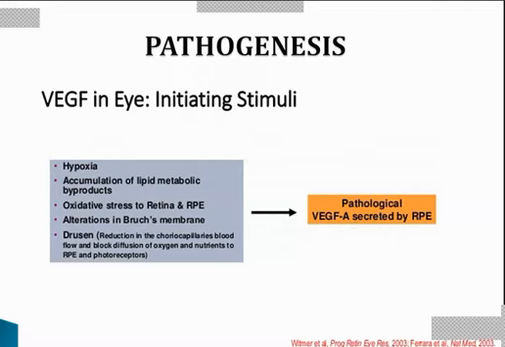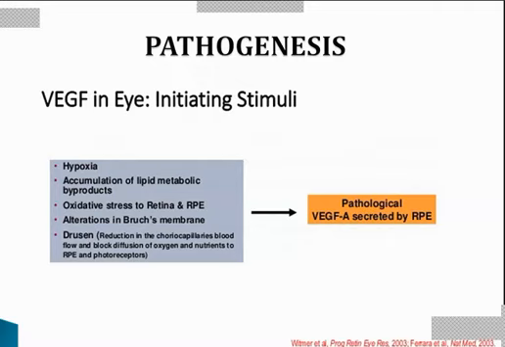Drusen is due to reduction of choriocapillaris blood flow and blocked diffusion of oxygen and nutrients to the retinal pigment epithelium and photoreceptors. That is called drusen. This is found in ARMD, that means age-related macular degeneration. All these conditions will lead to hypoxia.